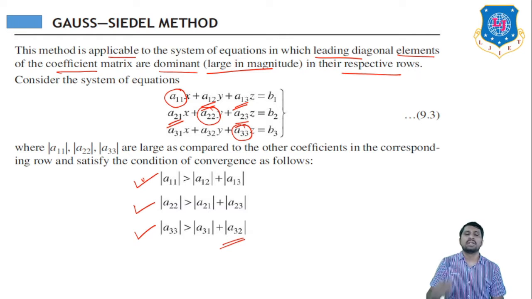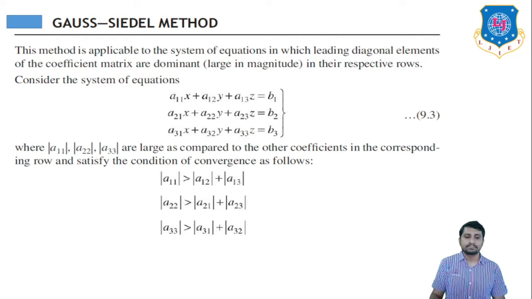So if these three conditions are satisfied, only then can we apply Gauss-Seidel method as well as Gauss-Jacobi method. Sometimes it happens that the first condition is satisfied by the third equation, and the third condition by the first equation. So you can interchange the first and third equation, and then you can apply Gauss-Jacobi or Gauss-Seidel method.